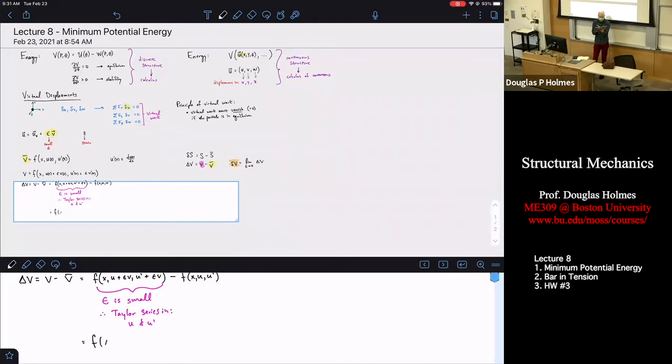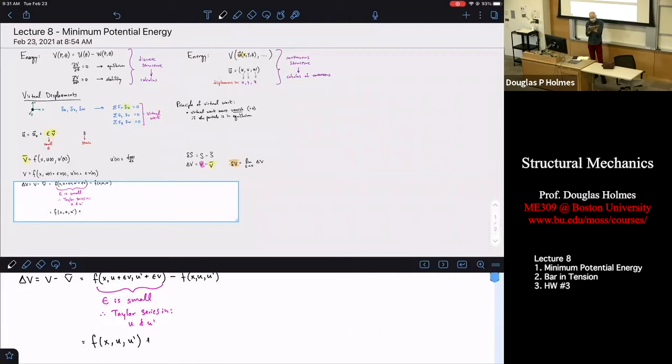the first order is going to be f of x, u and u prime, right? Because the first order of your Taylor expansion about your small parameter epsilon is when epsilon is exactly equal to 0. So pretty simple. The first term, you just literally set epsilon equals 0, and you get a really simple output.